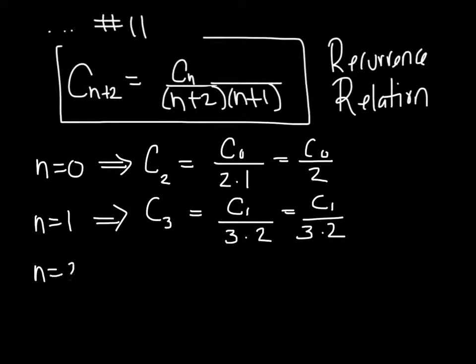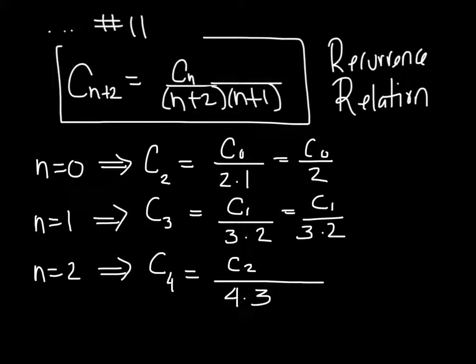Okay, so if n is 2, we get C4 is equal to C2 over (2 plus 2)(2 plus 1), which is 4 times 3. Before I forget, here we have C naught over 2, and here I had C1 over 3 times 2. Usually we replace C1 in terms of C naught, but there isn't a C1 yet, so we leave it as it is.